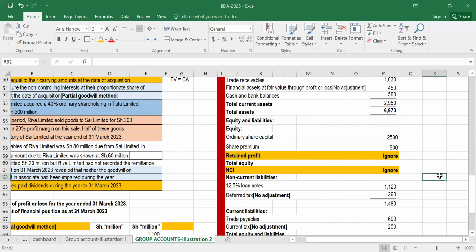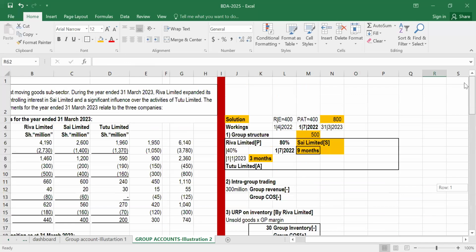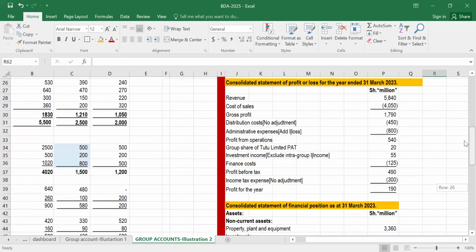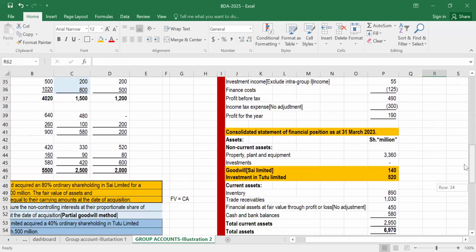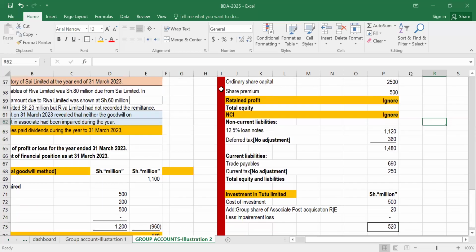Therefore, in an exam setup, you may decide not to compute those 2 items, because by doing that, you will still score almost all the marks, provided you can deal with the key consolidation adjustments. So that is it. That's what was required as far as that question is concerned.